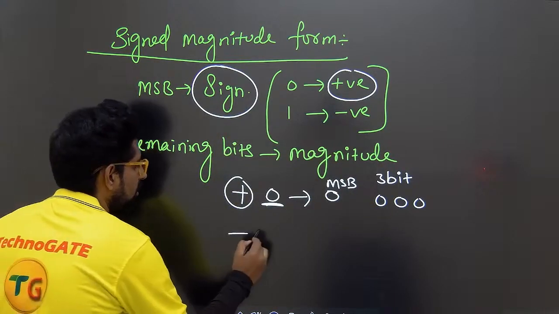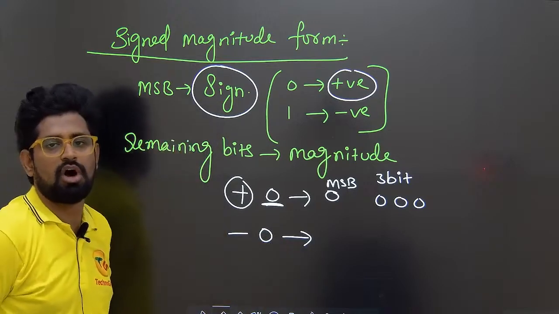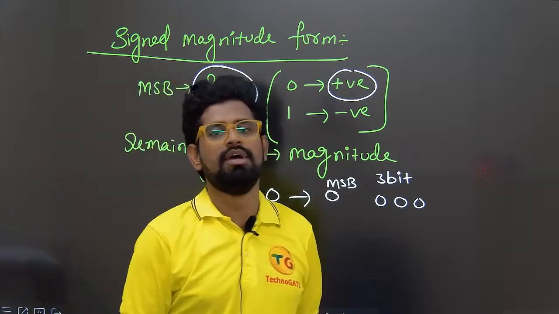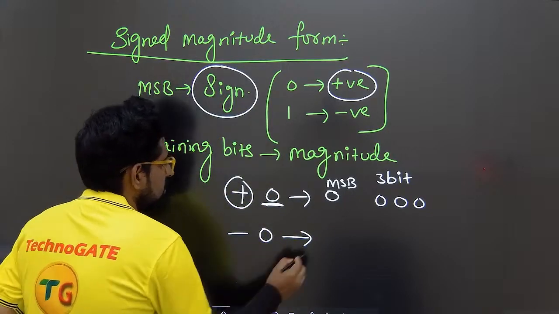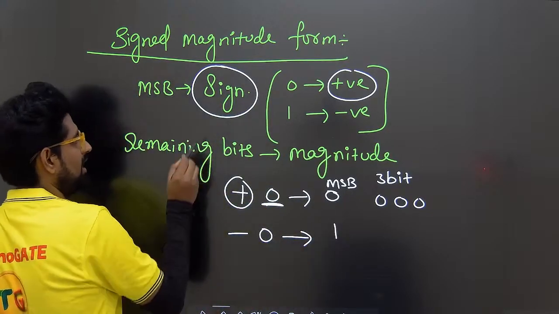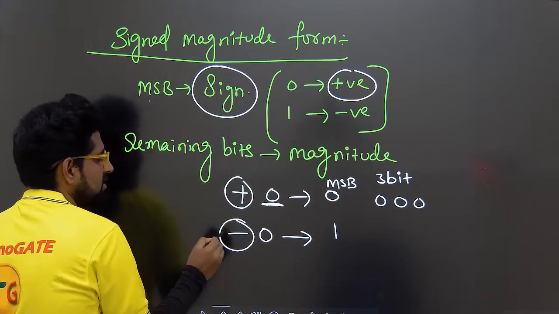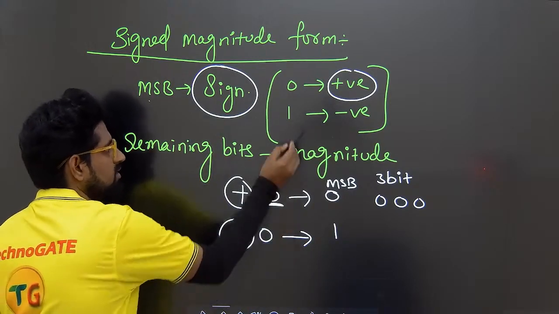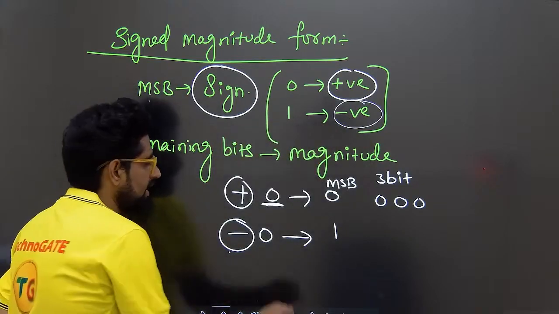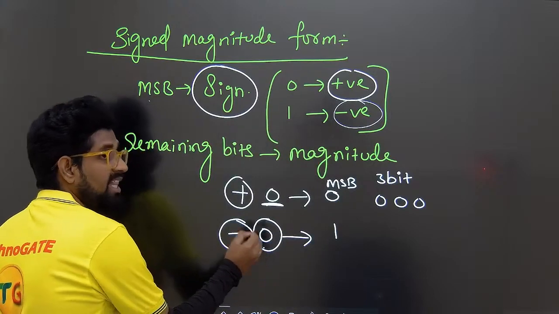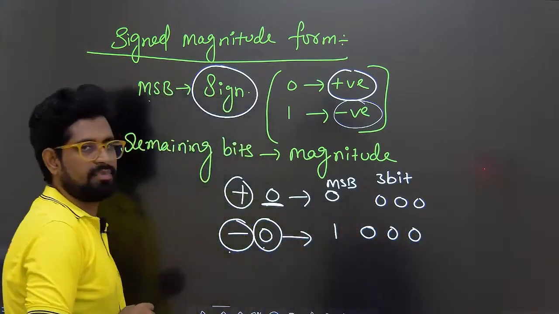Suppose I want to represent minus 0 in signed magnitude form. How do we represent it? I clearly told that the MSB always gives the sign. The sign is negative, so for negative we need to write 1. The remaining bits are 0 in 3-bit form, that is 0, 0, 0.